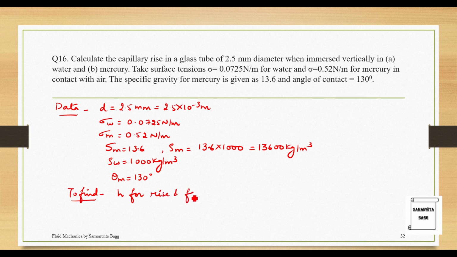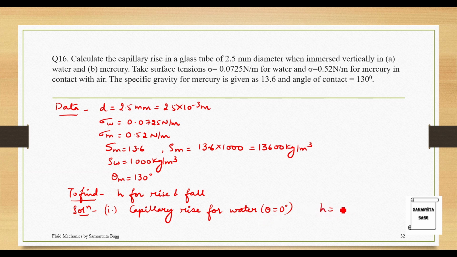So I want to calculate capillary rise and capillary fall, that is the value of h for rise and fall. So when I have to calculate the capillary rise for water, so the first one is capillary rise for water. Here the value of theta we have already discussed, this is going to be 0 degree.